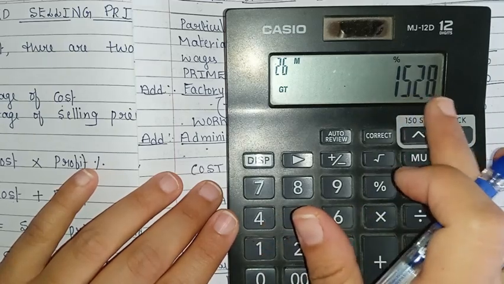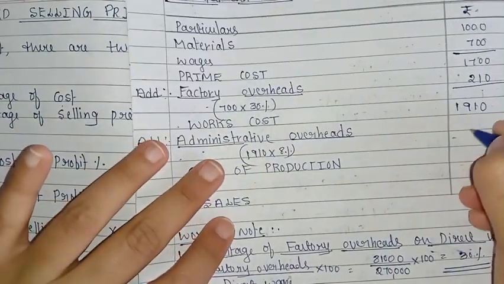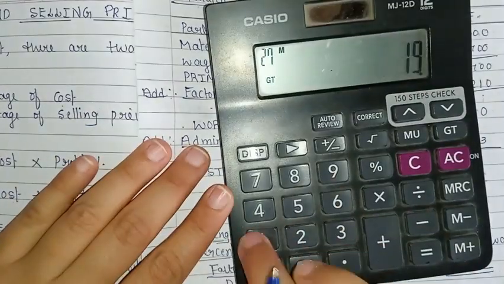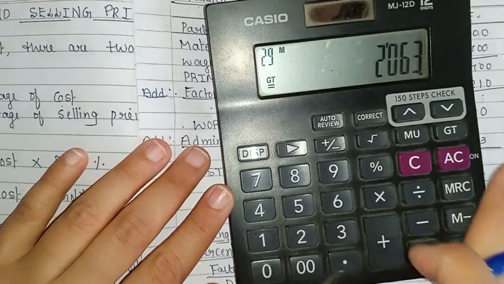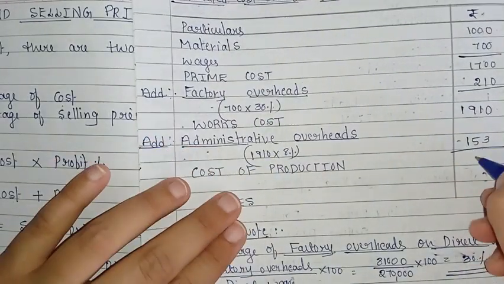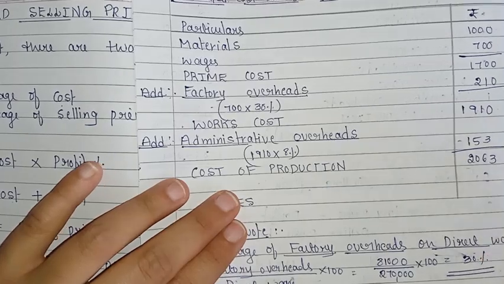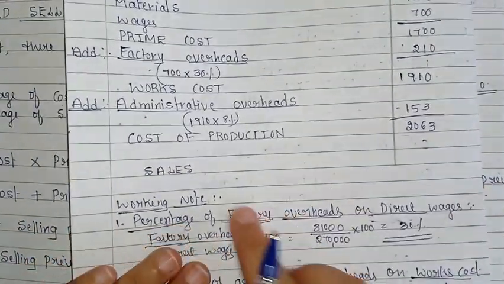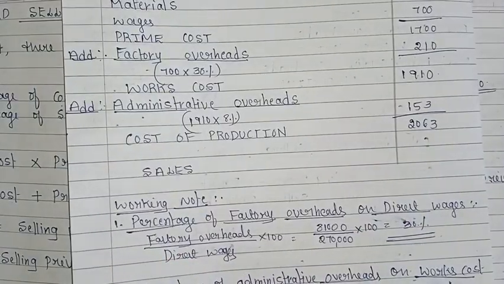So take it as 153. So 1,910 plus 153, 2,063. Our cost of production is 2,063. Now again same, we have to calculate the sales.